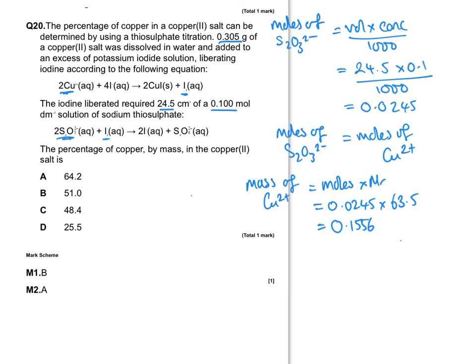Once we've got the mass of the copper, we can work out what percentage of the copper salt was actually made up of the copper. And we do that by doing the mass that we've worked out of the copper ions divided by the original mass that was weighed out, and then we're going to times it by 100. So we end up with 51.0% copper by mass, which is answer B.